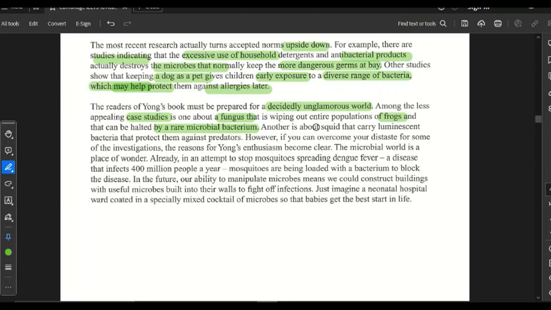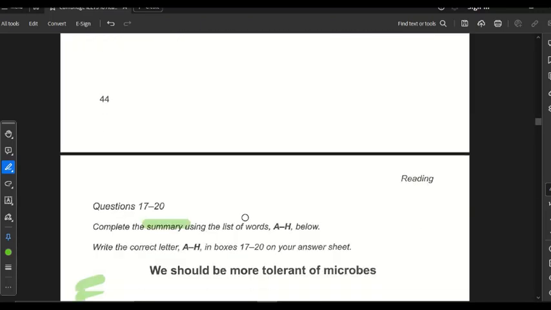Another is about squid that carry luminescent bacteria that protect them against predators. It is, however, if you can overcome these distastes of some of the investigation, the reasons for Young's enthusiasm become clear.